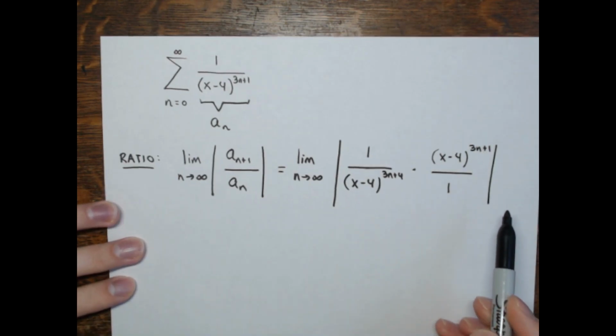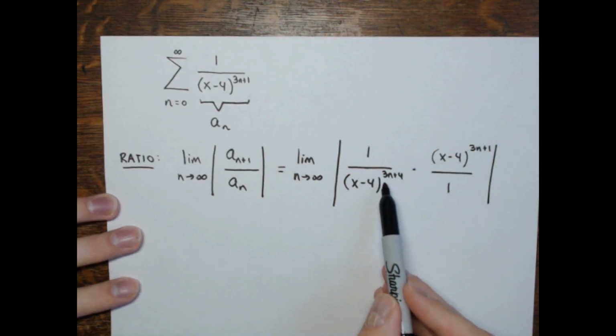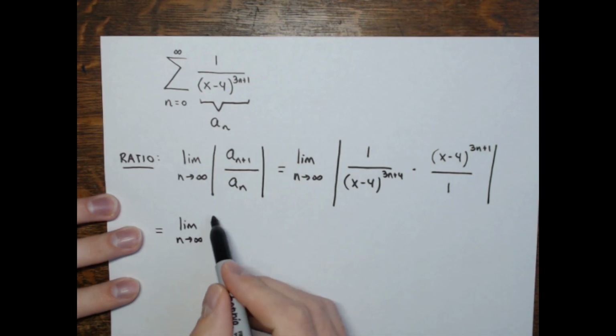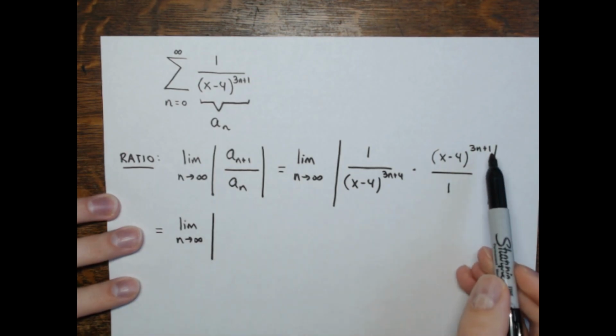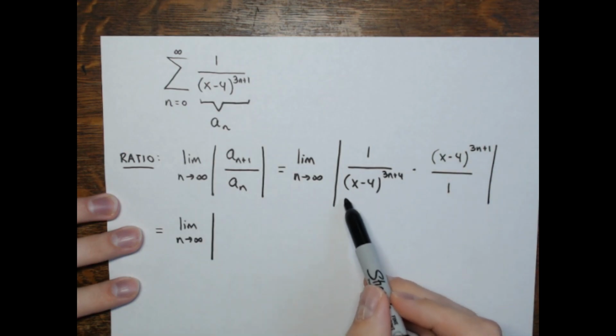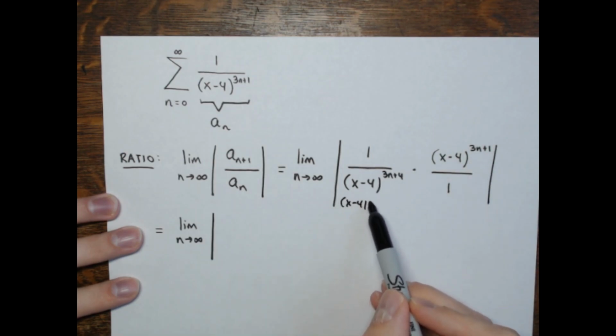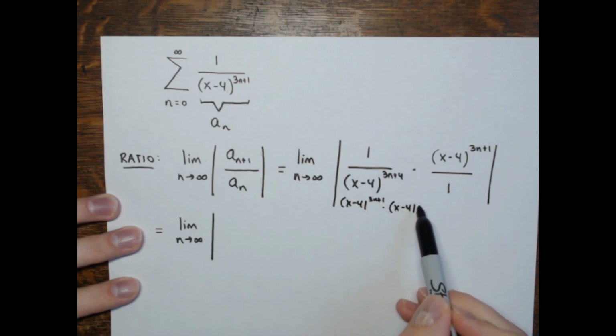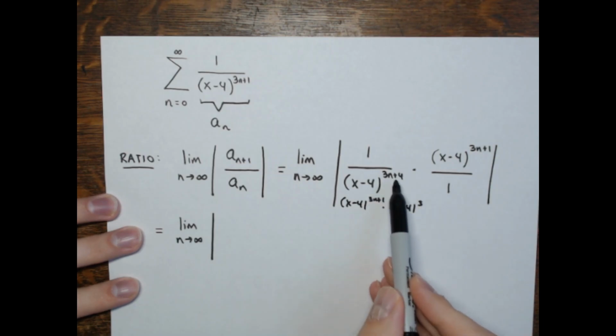Now, a lot of stuff's going to cancel here, right? This would be the limit as n approaches infinity of the absolute value of this. Down here, this is x minus 4 to the 3n plus 1 times x minus 4 cubed. That would be 3n plus 4.